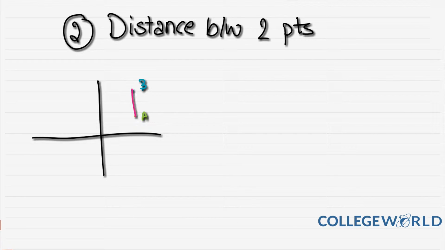which is this distance. Well, what you can do is you want to have your origin start here and your endpoint start here to get the vector AB.